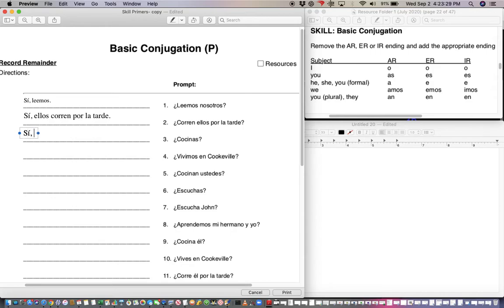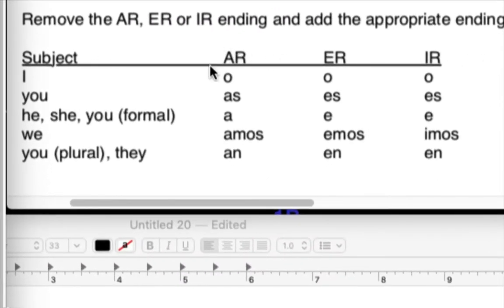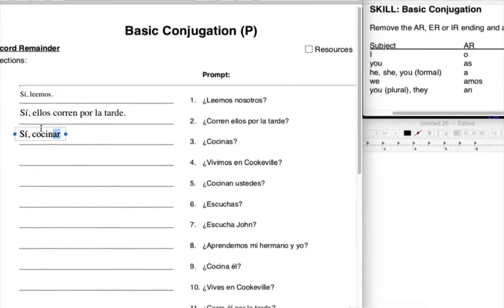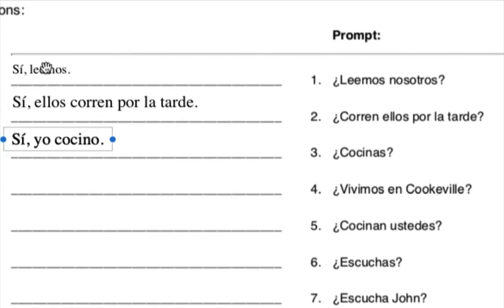So sí, cocinar, take off the AR. AR verb for I, cook. So it's an O. So sí, cocino. I can say the yo if I want to. In number 1, I could have said the nosotros if I wanted to.